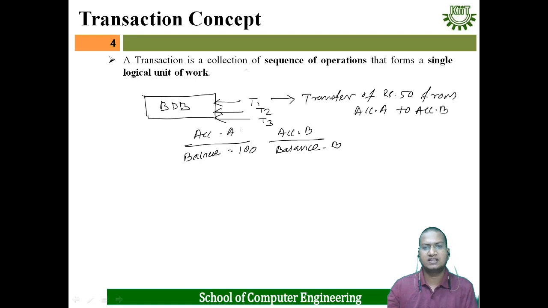To perform this transaction T1, we have to perform some sequence of operations, that we will see. The single logical unit of work is the transfer of 50 rupees from account A to account B.